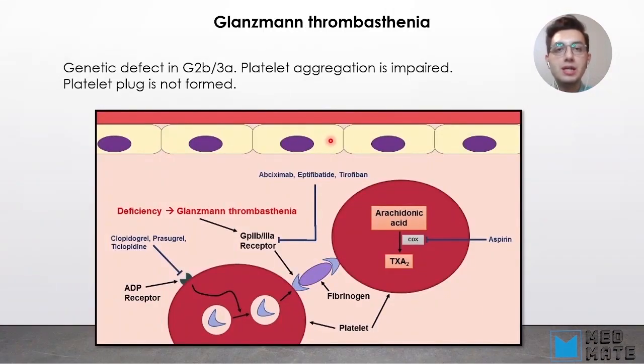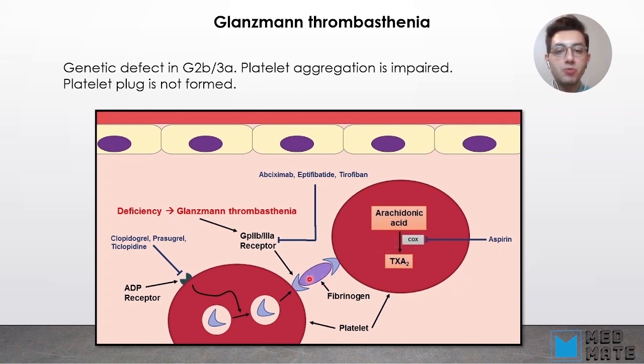Let's move on to the next disorder of primary hemostasis, and that's Glanzmann thrombasthenia. That's due to a genetic defect in GP2B3A, and that's just another receptor. I told you in the fourth stage of primary hemostasis, we have aggregation, and for aggregation, there is a specific receptor that binds to fibrinogen, and then this fibrinogen binds to another platelet.